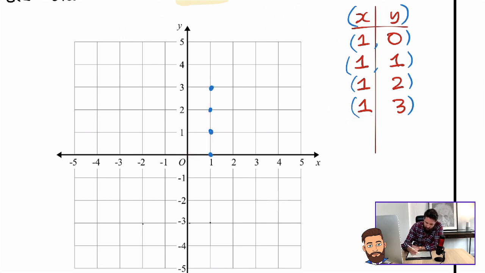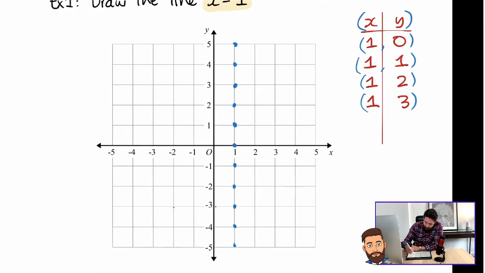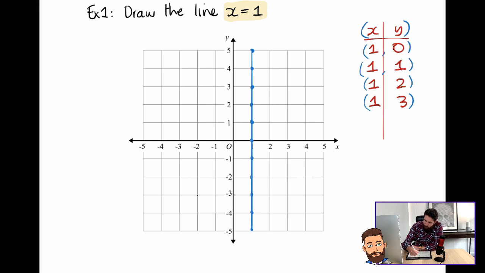And as you can see, this is just creating a straight line that goes directly through the x-axis at 1. So if I connect all of those points together with a nice straight line, hopefully you can see that this line x equals 1 is simply a line that goes directly through the x-axis at 1.